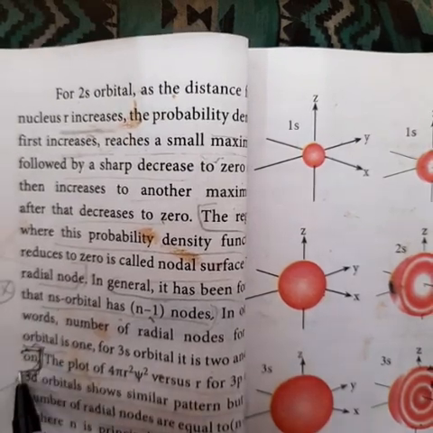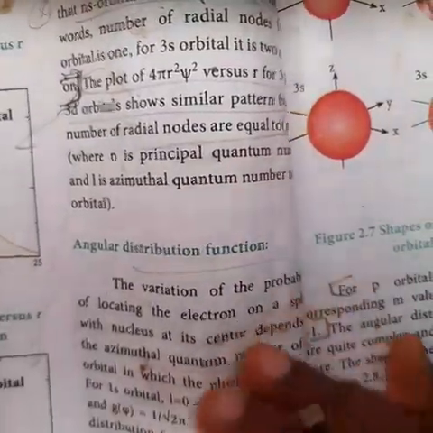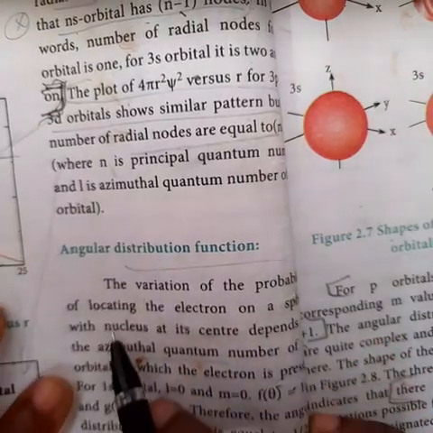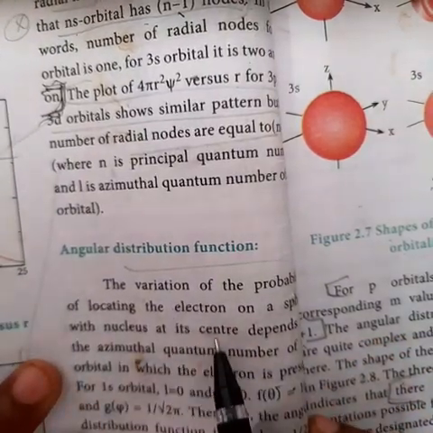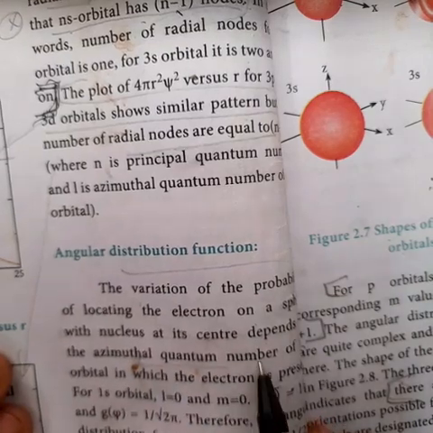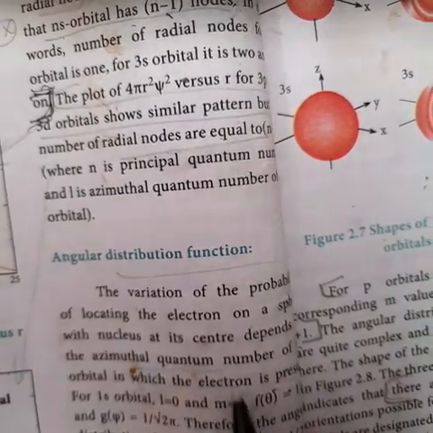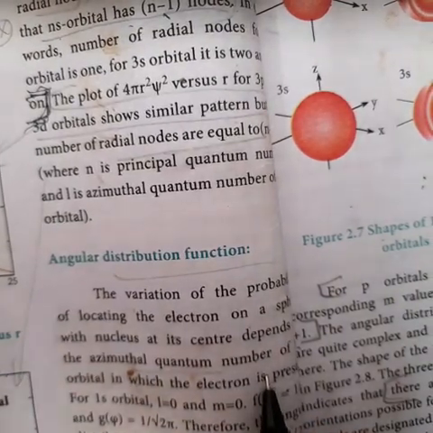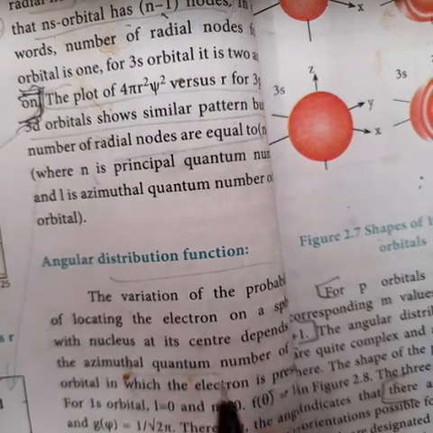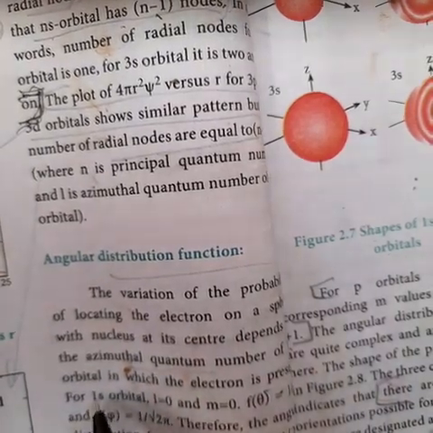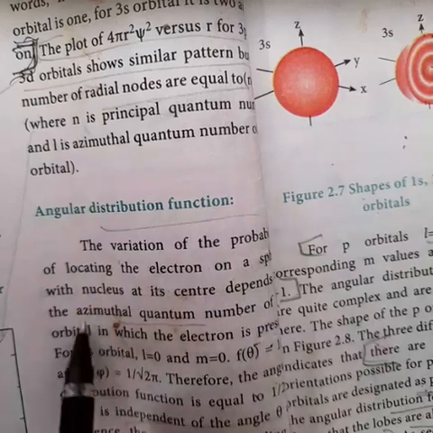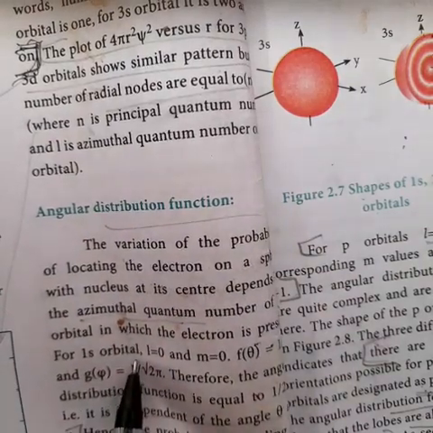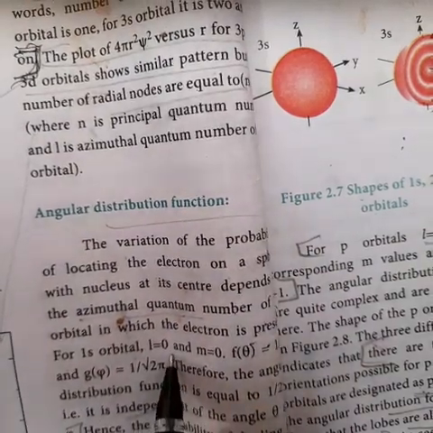After that, the angular distribution function. The variation of the probability of locating the electron on a sphere with the nucleus at the center depends upon the azimuthal quantum number of the orbital in which the electron is present. For the 1s orbital, the azimuthal quantum number l is 0 and m is 0.